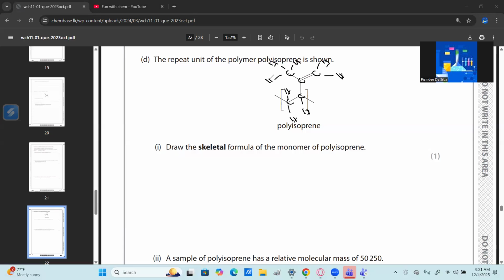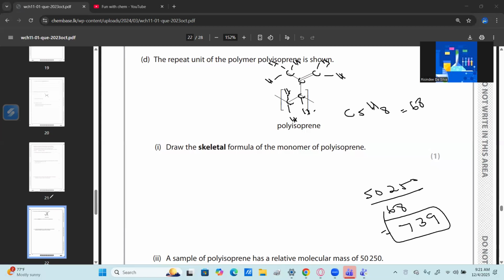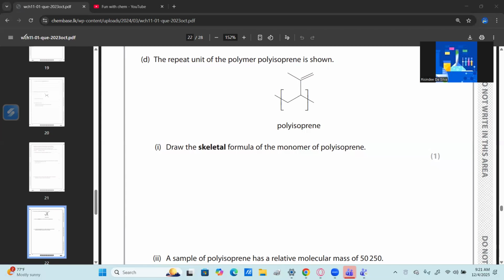So the molecular formula of the repeating unit will be 1, 2, 3, 4, 5, C5H, 1, 2, 3, 4, 5, 6, 7, 8. That means C5H8 means 68. Then 50,250 divided by 68, you can find that there are 738.9, so roughly equal to 739 repeat units.